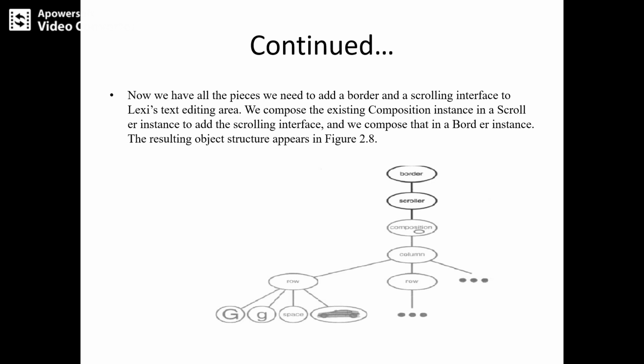Keeping embellishment independent of other kinds of composition both simplifies the embellishment classes and reduces their number, and also keeps us from replicating existing composition functionality. That is the main thing in the embellished object structure.